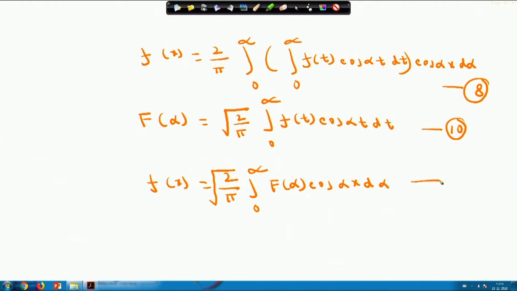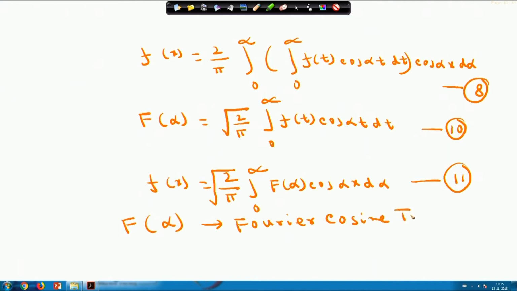This is equation 11. Now, please note that this capital F of alpha is called the Fourier cosine transform of f(x).